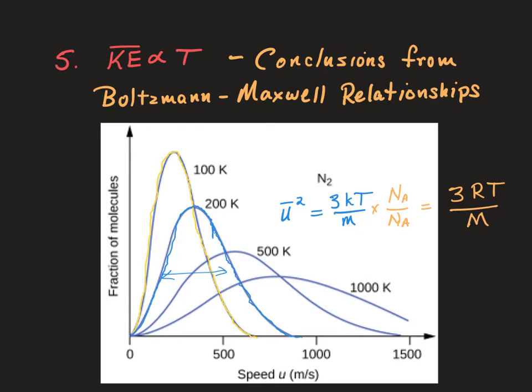So as the temperature goes up, we get a wider distribution of speeds. At 500 Kelvin, this has the same area under it as the previous curve. And at 1000 Kelvin, it spreads out even more.